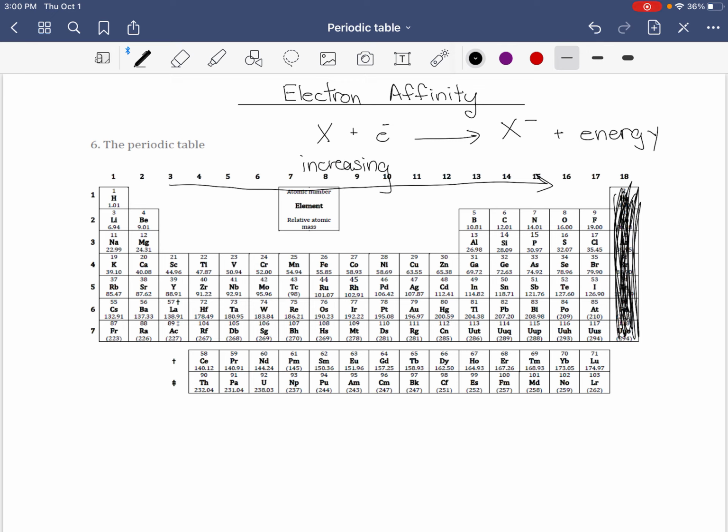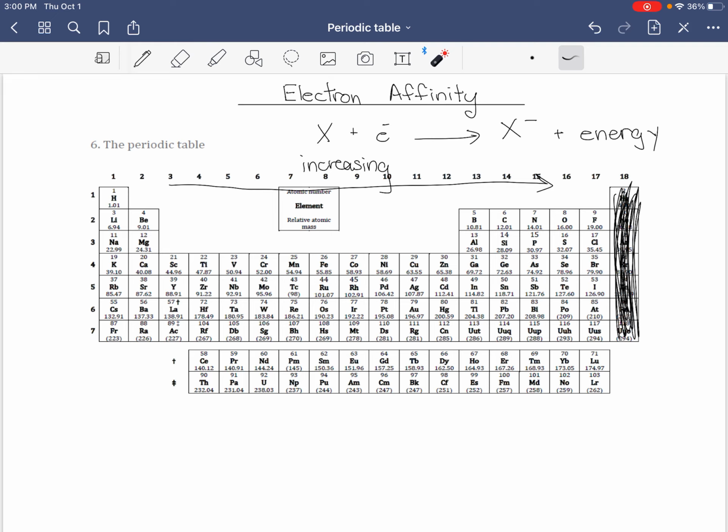Because if you think about it, nobody would love to gain an electron more than fluorine. Nobody is small enough to gain an electron like fluorine. It's almost like fluorine is so close to the nucleus because it has only 2 energy levels that when you introduce an electron to it, it will just eat it up right away, quickly.